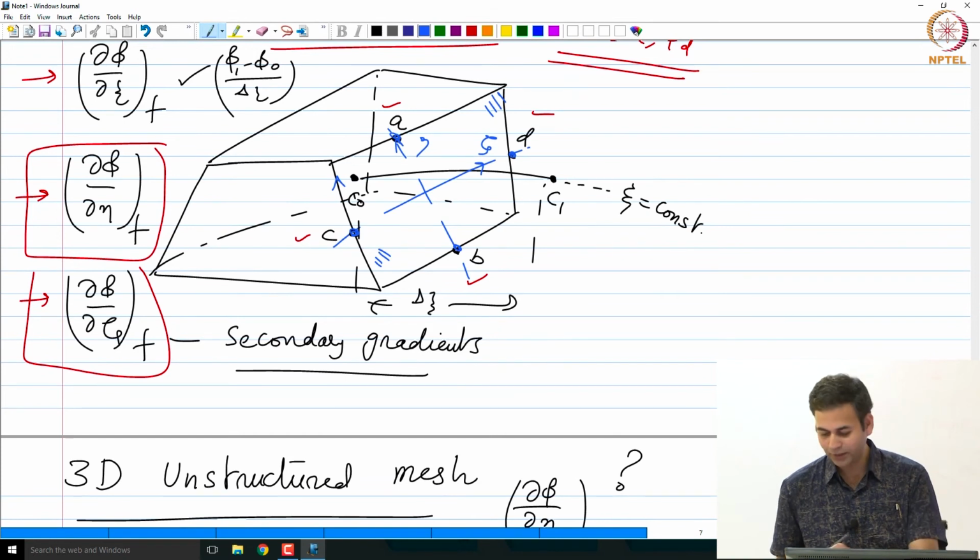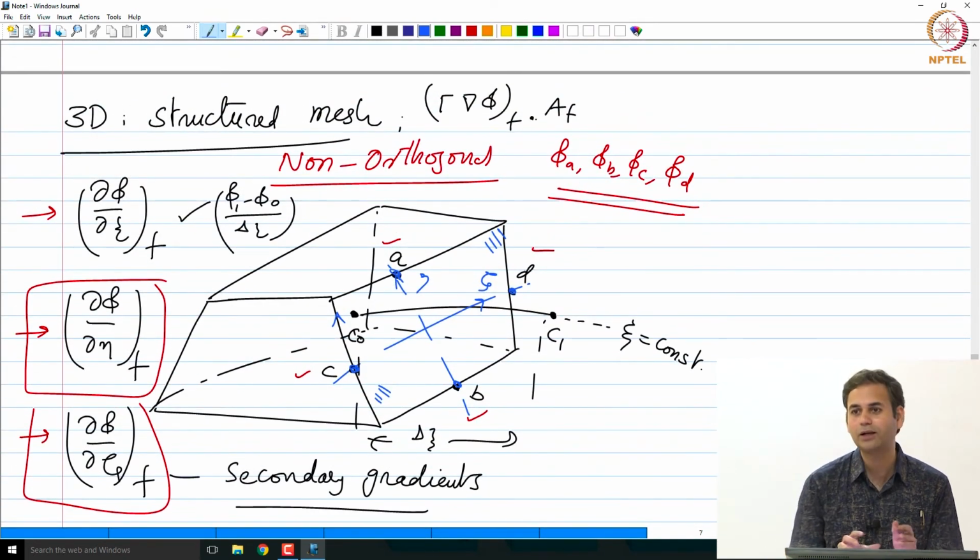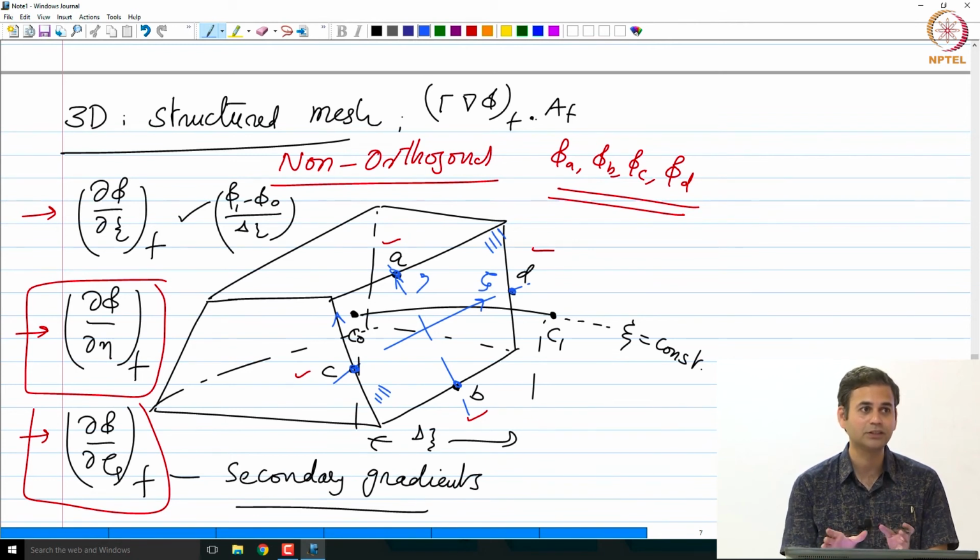So implicitly, when I say structured, we are talking about a hexahedral mesh, because you would not be able to generate a tetrahedral mesh that is structured. We are talking about bricks, a hexahedral mesh where all the faces are quadrilaterals.